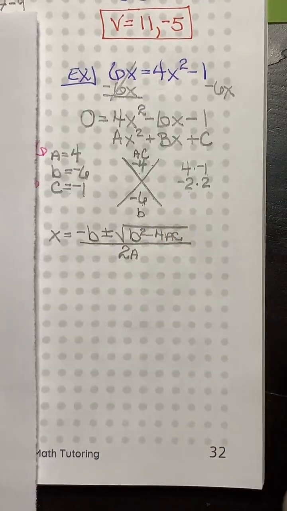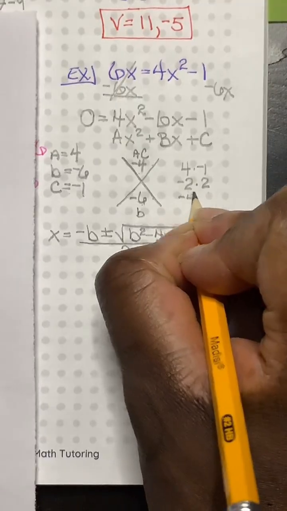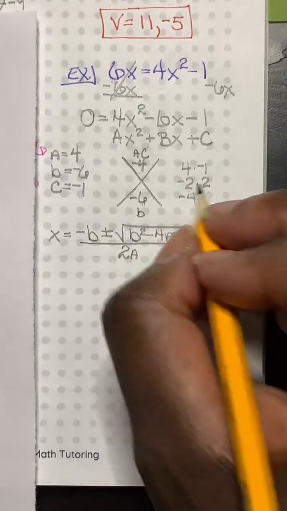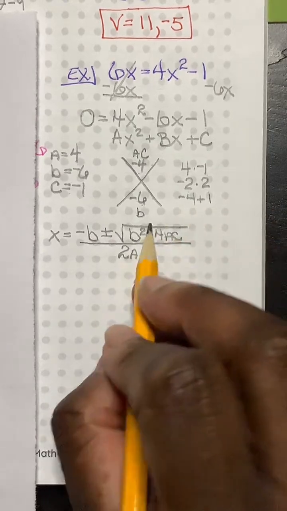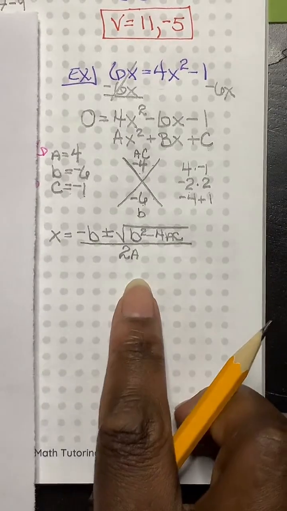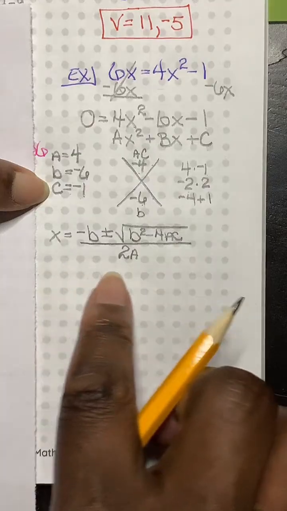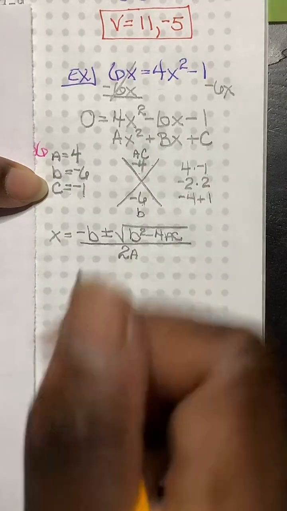Even if you flip the negative around and made this a -4 plus 1, times 1, that will give me a -3. Still nowhere near 6. So this is why we're going to use our ABC to fill in the quadratic formula.